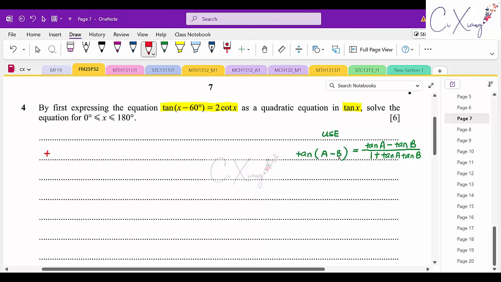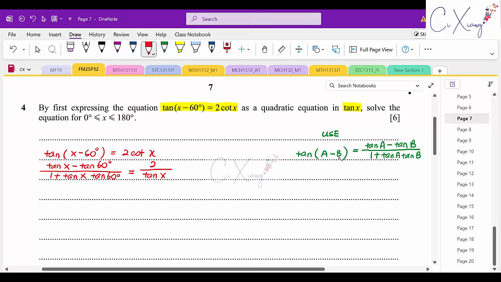So we are having this on the left. Now I want to apply the formula on my tangent x minus 60. So I'm having tangent x minus tangent 60, because I'm having tangent A minus tangent B according to the formula, then divided by 1 plus tangent A tangent B. After that, for 2 over cotangent x, you can write it as 2 over tangent x.